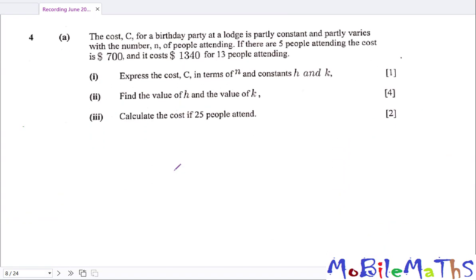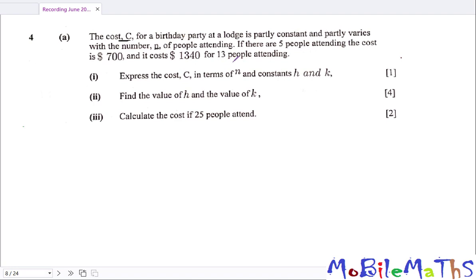We are now on number 4. Number 4 is saying the cost C, okay, for a birthday party at a lodge is partly constant. So basically, when they say partly constant, you know you are going to generate an equation. Partly constant and partly varies with the number n of people attending. If there are 5 people attending, the cost is that.